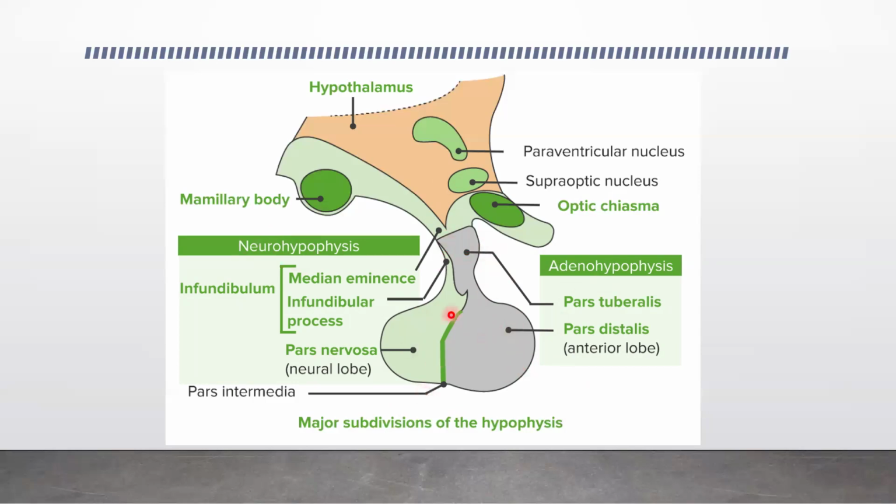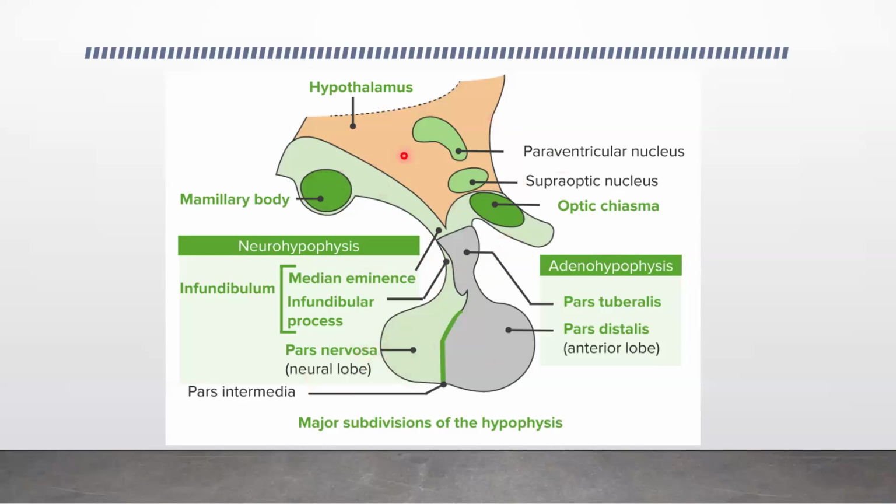In addition to that, we have the pars intermedia that is found there, with the interglandular cleft. Then the infundibulum at this point has a median eminence, and then you can find the infundibular process there, and then the pars nervosa, the neural lobe.